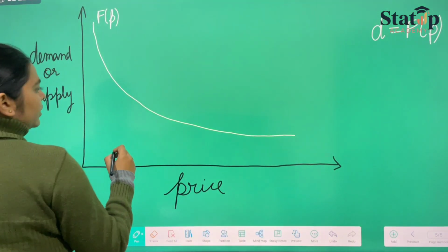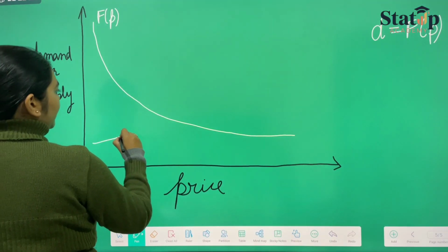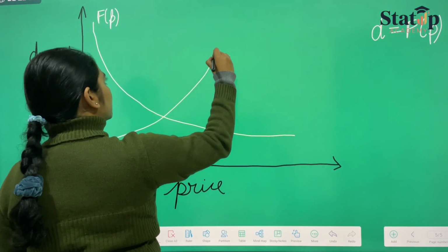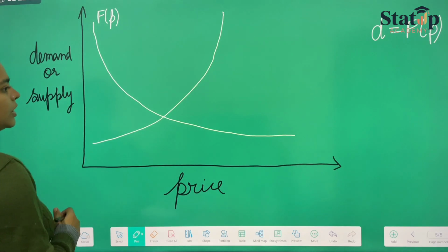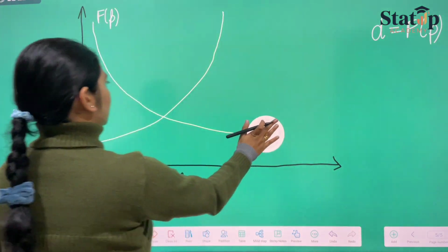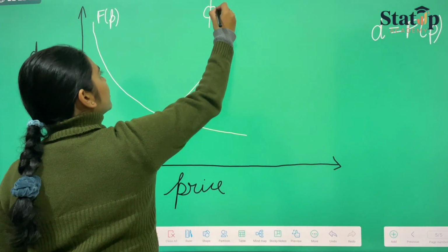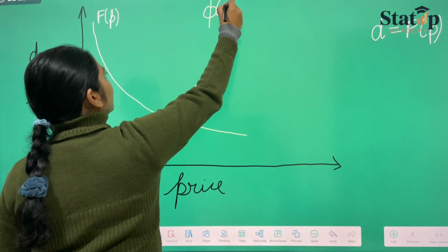Now drawing the graph of the supply function. We know that the supply function is something like this. This is known as the graph of the supply function.